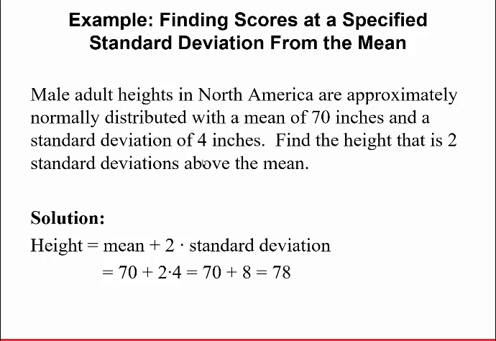If you take the mean and add 2 times the standard deviation, so the mean is 70 inches and the standard deviation is 4 inches, 70 plus 2 times 4 is just 78 inches. So an adult male of 78 inches is 2 standard deviations above the mean.